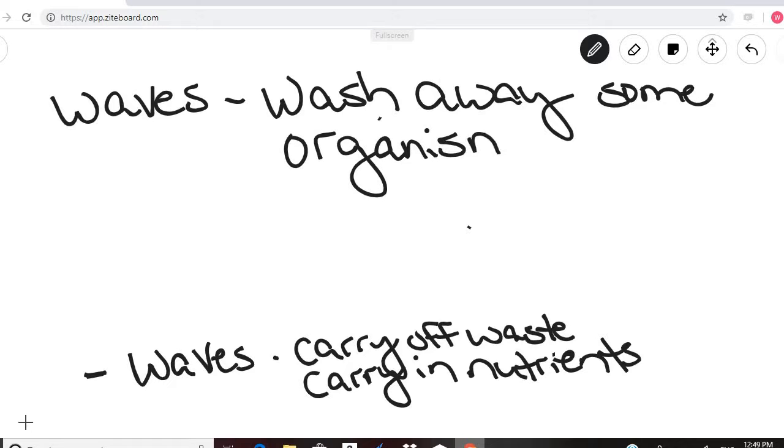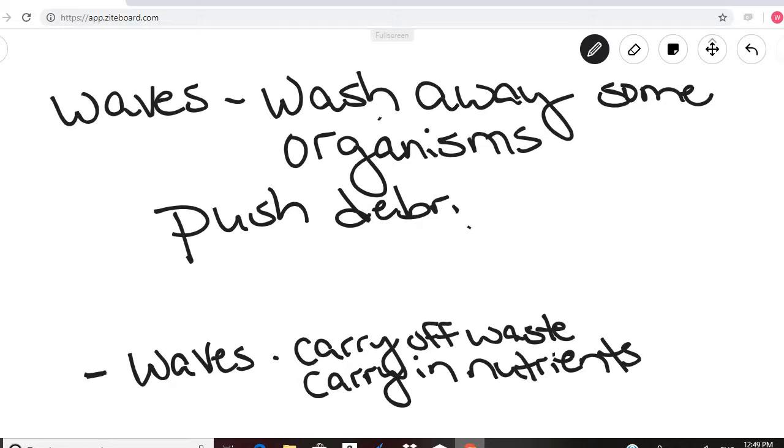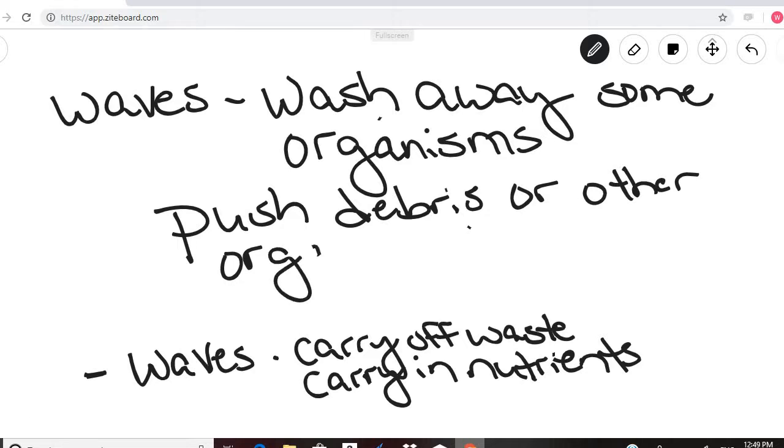And then in addition to that, the waves can also push debris or other organisms into a particular organism, and so that may crush them.